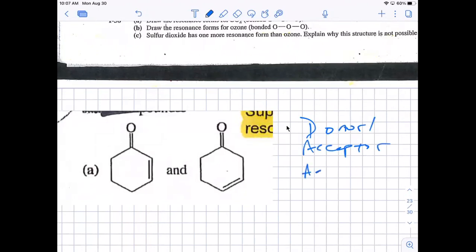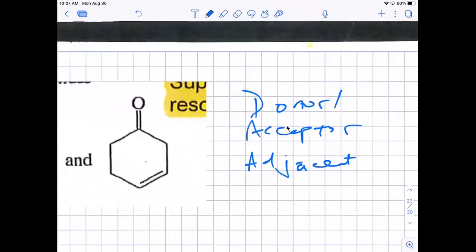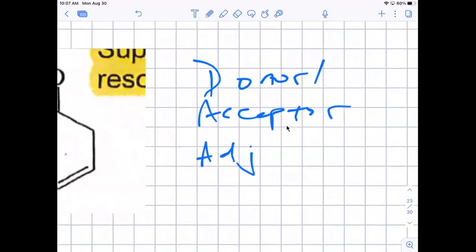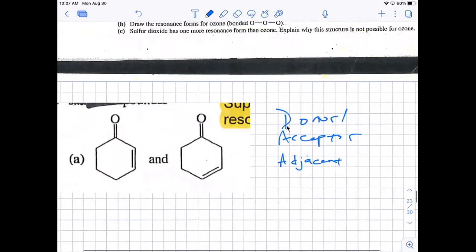And again, the purpose of resonance is to delocalize electrons so that they are not concentrated on one atom. When you can do that, it makes the entire molecule more stable. So over here, it's said to supply arrows to go between these two forms.